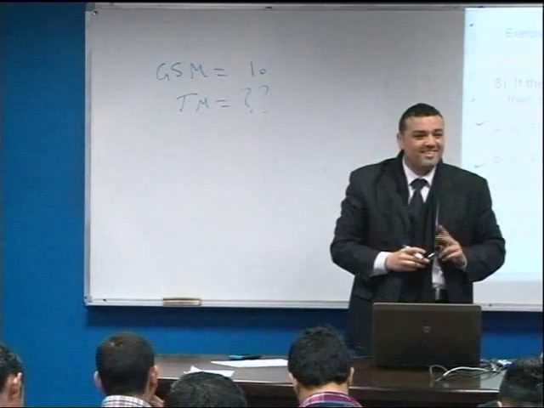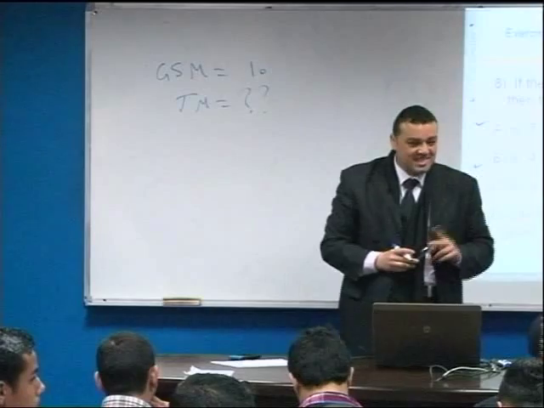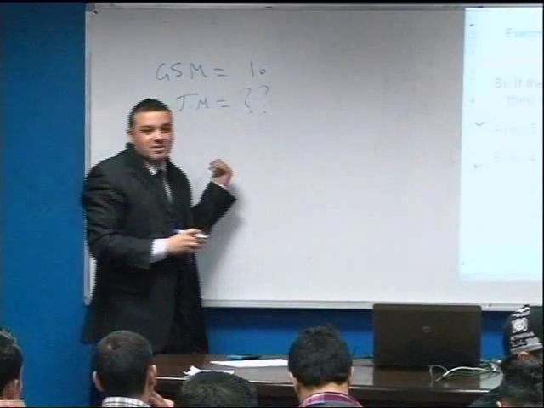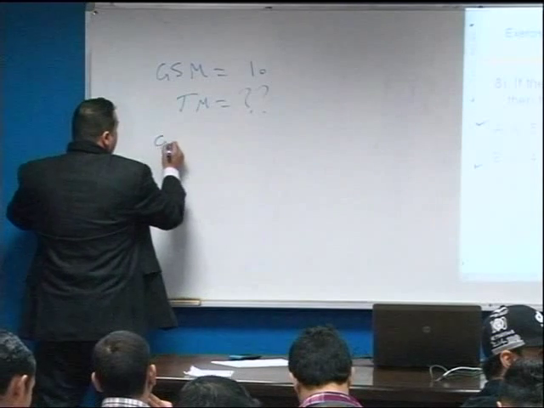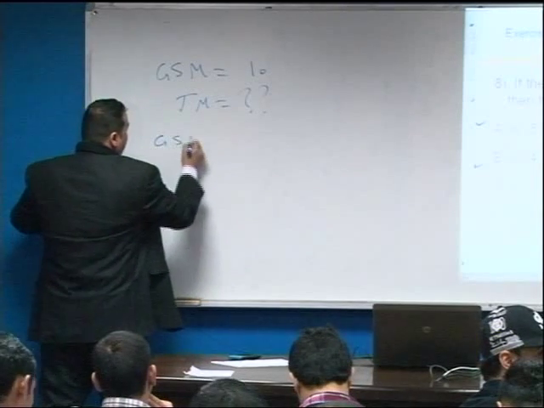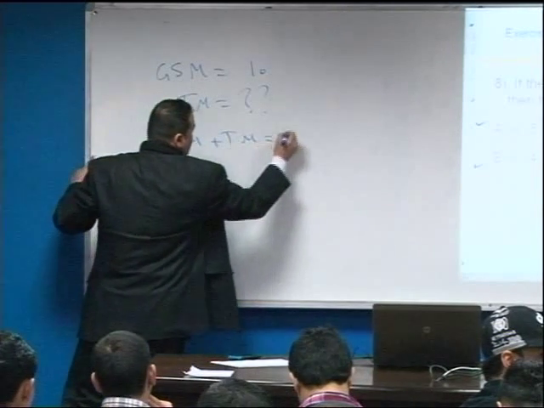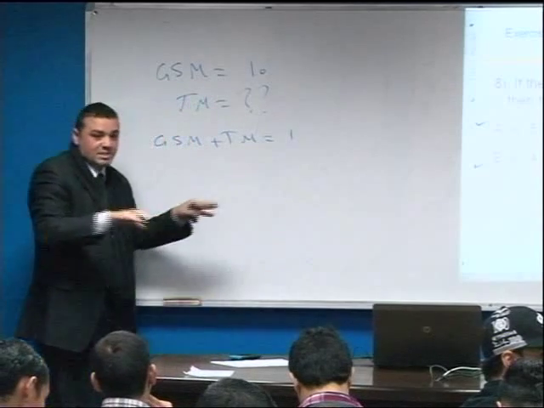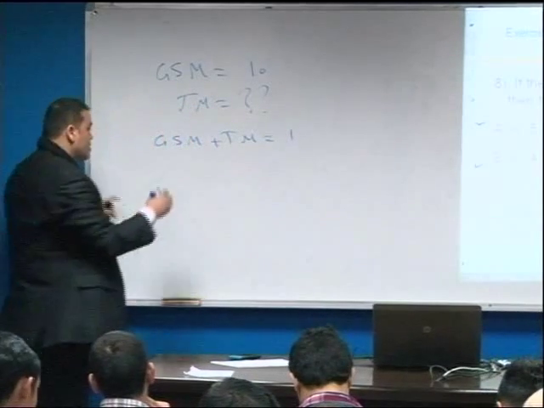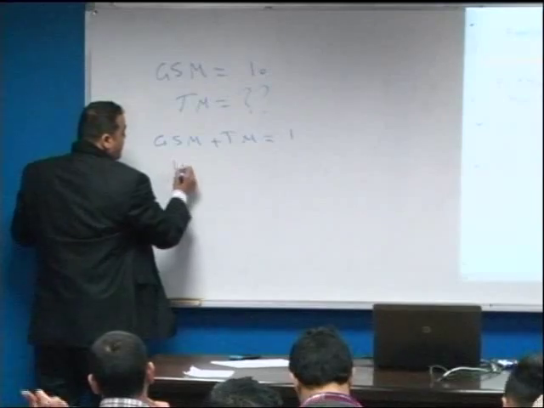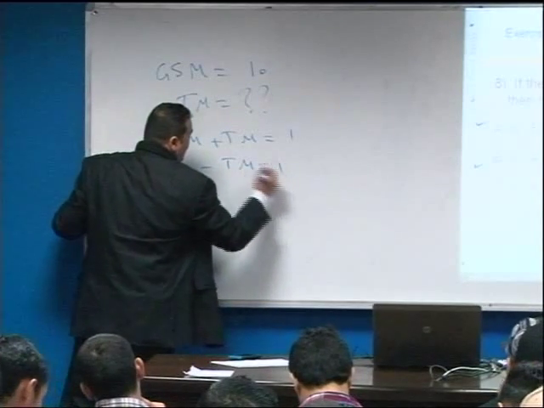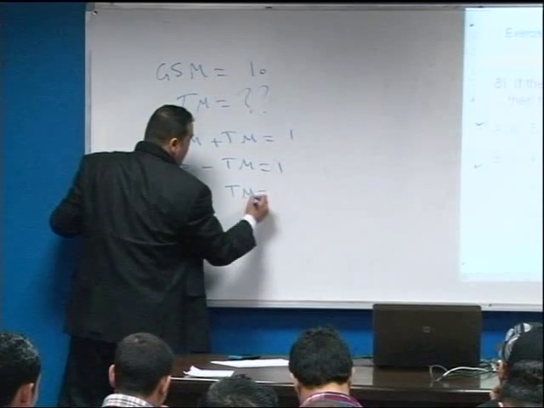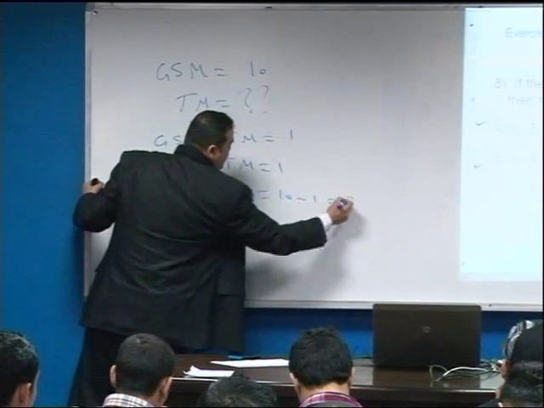How did you know? Exactly. As you know, the government spending multiplier and the tax multiplier, the government spending multiplier plus the tax multiplier must equal 1. That is the balanced budget multiplier, right? So 10 minus tax multiplier equals 1. So the tax multiplier equals 10 minus 1 equals 9.